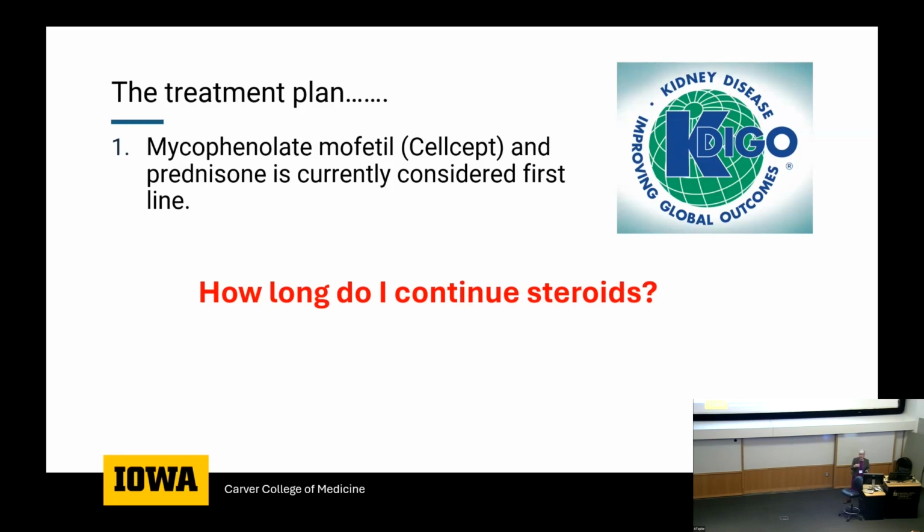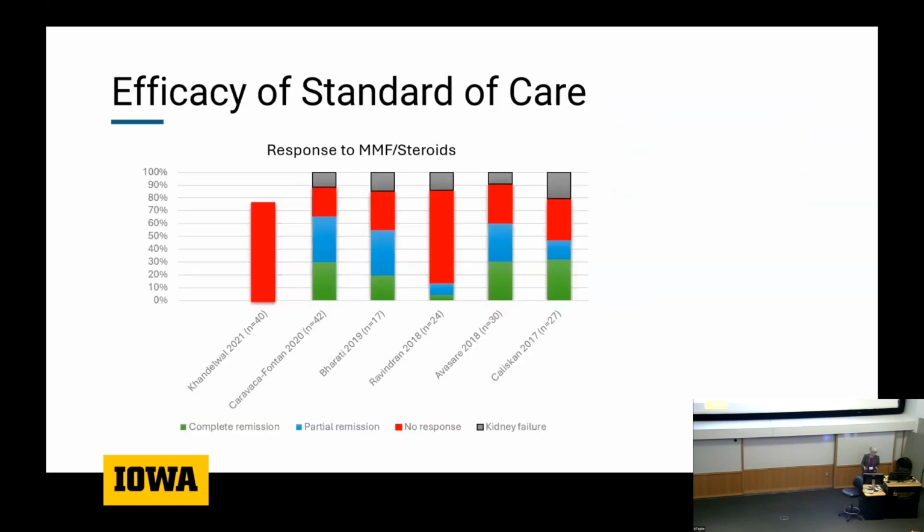Here at Iowa, we do 12 weeks of steroids, period. If you need more steroids, we are immediately searching for a steroid-sparing regimen. We're looking for some other drug that we can use instead of using steroids. That's not that we know that we have the right answer. We just know that there isn't any data to go 16 weeks or 2 years. So we opt for the shorter duration and then see if we can find something else to use.